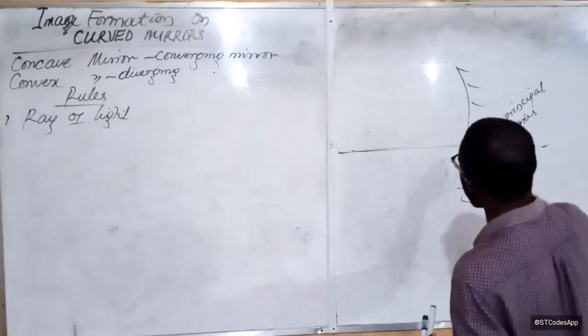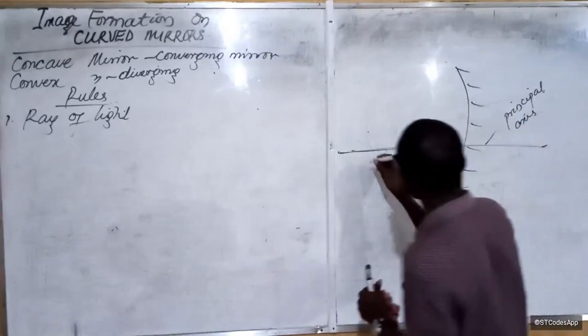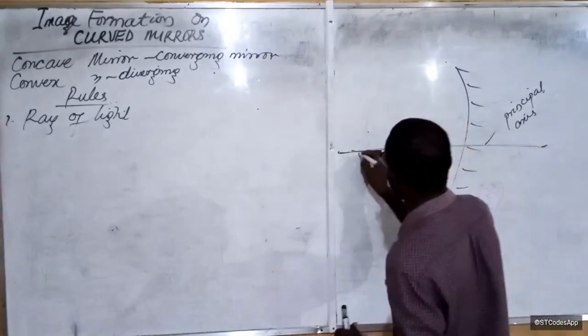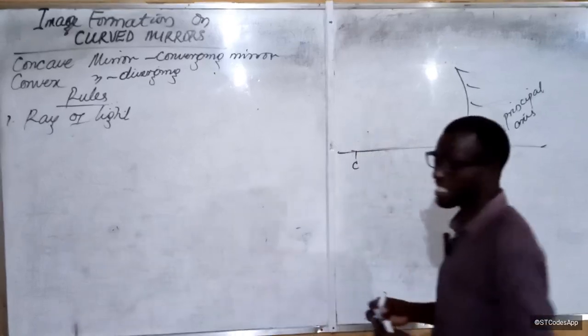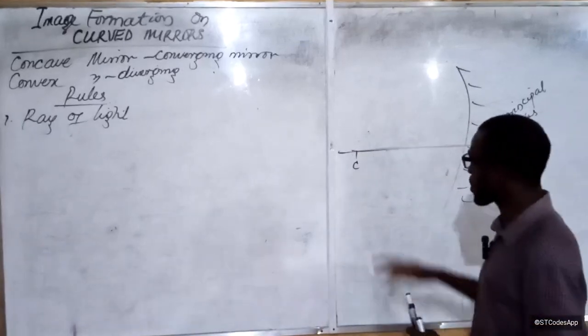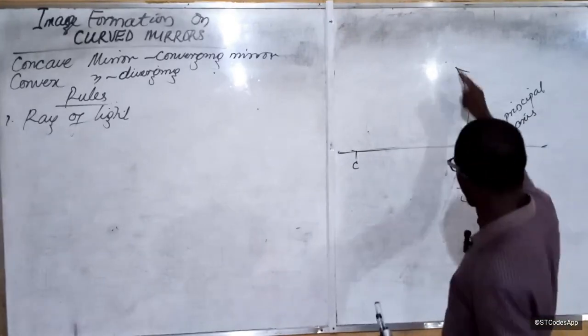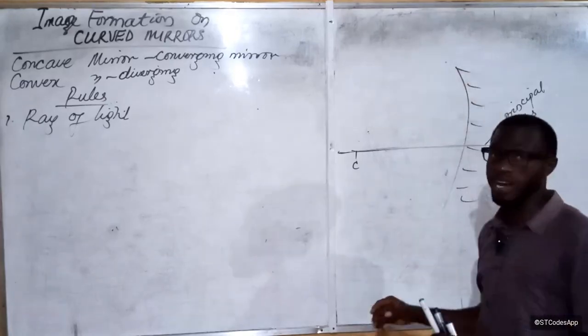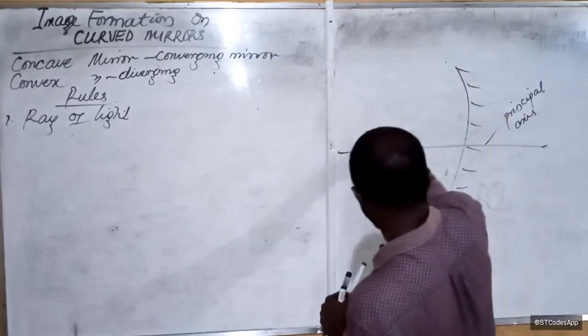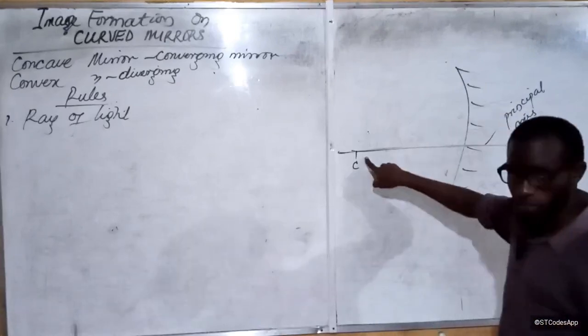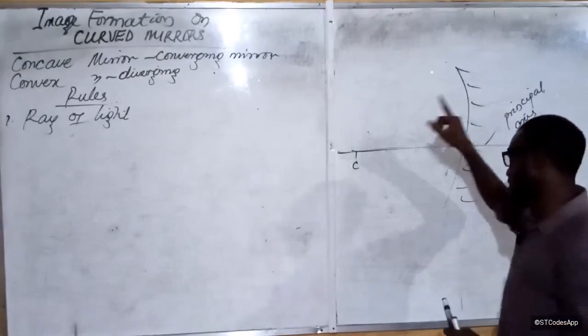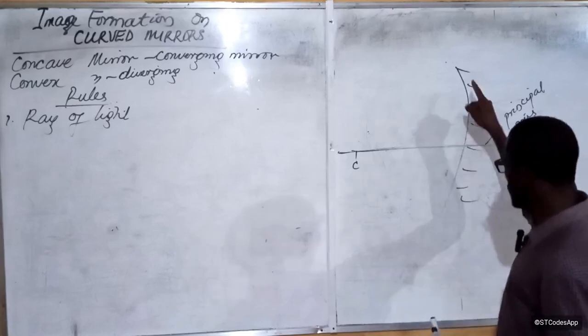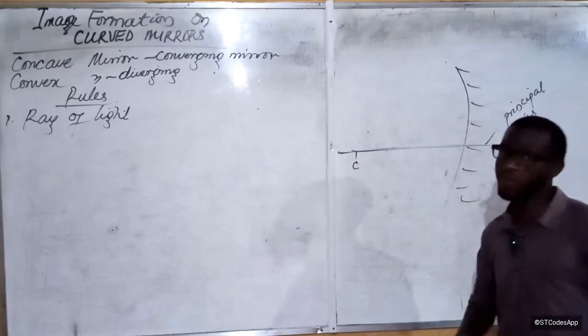So the radius that gives rise to this sphere, from which this concave mirror arises, is going to be called the center of curvature. If you are drawing the sphere, there's a radius with which it is drawn.